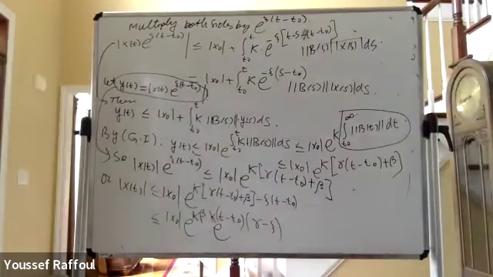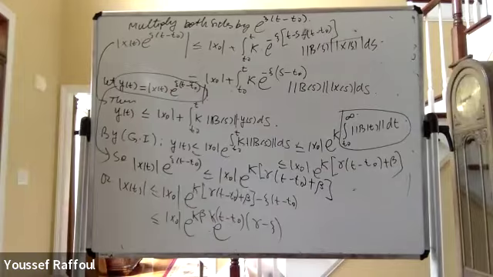Yeah, (t minus t naught) times gamma minus psi.